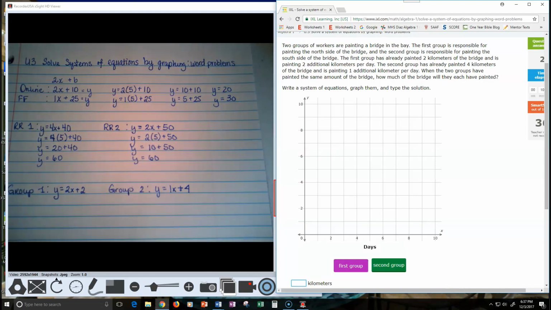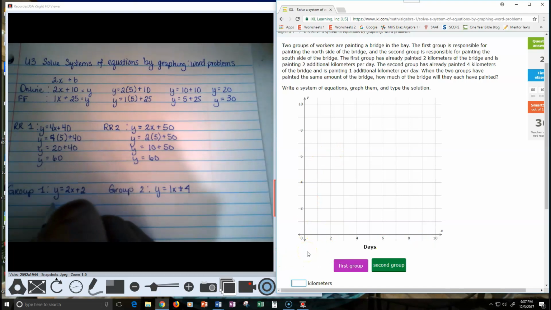So again, look at your axis. This is how many days, this is how much they will have painted in kilometers. So this one, because your increments, that's the word I want, is in 1, then that's what you want to do.